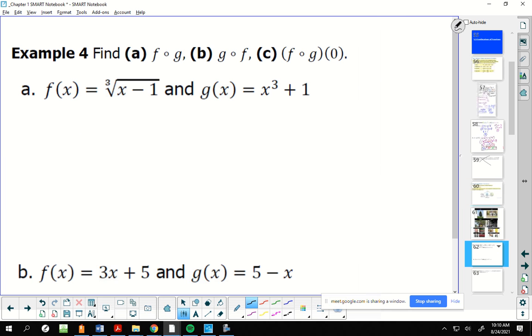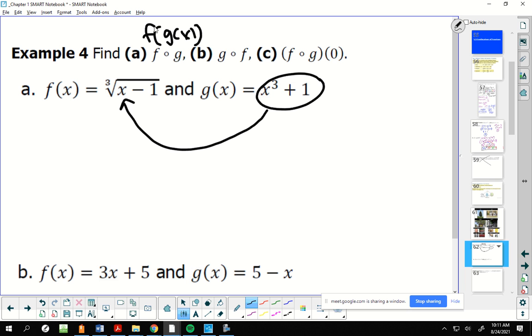So let's do that. F of g of x. Another way to write that is f of g of x. So that means we're going to take g of x and plug it into f of x. So you always work from the inside out. So g of x, we're going to take this and plug it into f of x.